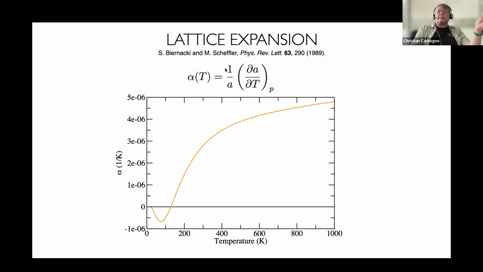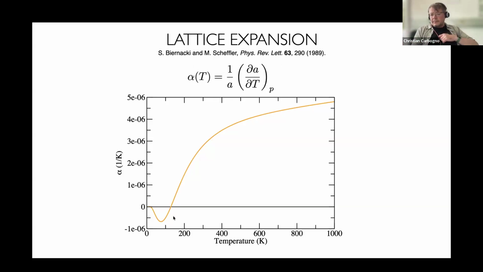In the harmonic approximation, if you just look at one lattice constant, you would have no lattice expansion at all. What you really need to do is start mapping out your free energy for different lattice constants. If you do that, you can then calculate the lattice expansion coefficient, which is nothing else than: how does your lattice expansion change as a function of temperature?